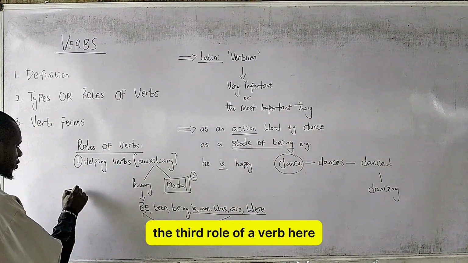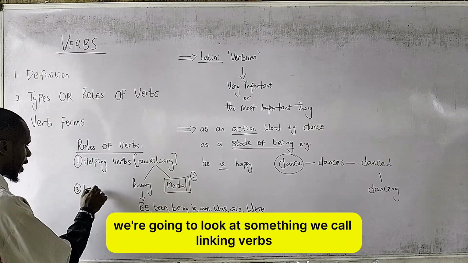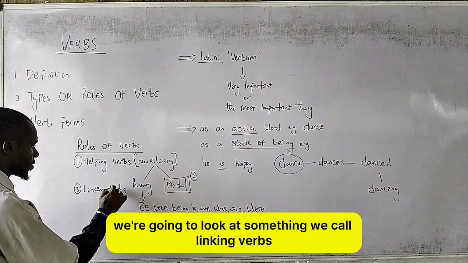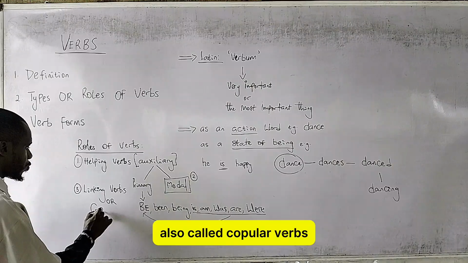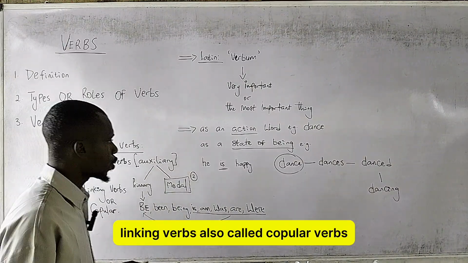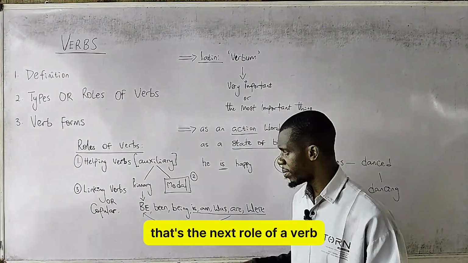The third role of a verb here, we are going to look at something we call linking verbs, also called copular verbs. Linking verbs, also called copular verbs. That's the next role of a verb.